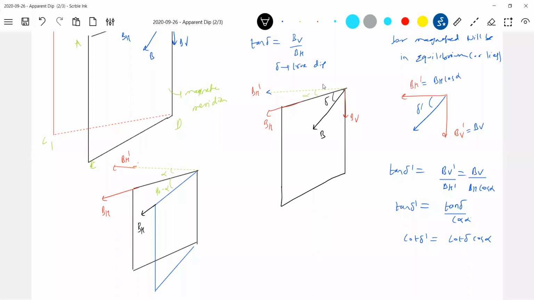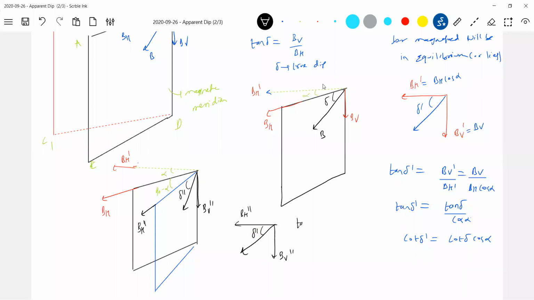So BH double dash, I'll call it. And this will now be delta double dash. BV double dash. Okay, now again make a triangle: BH double dash, BV double dash, and this is the apparent dip.